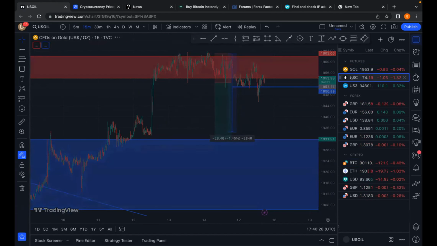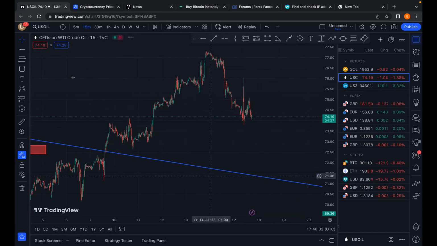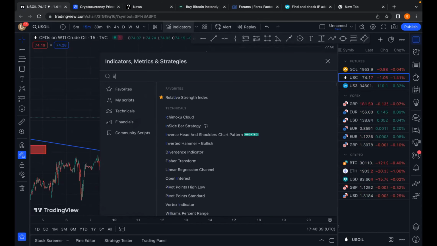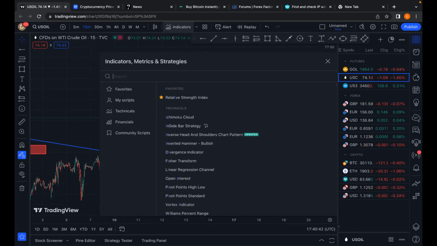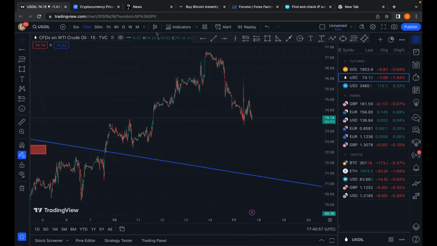Can you hide these things for me? Bring the indicator, please. It's RSI, Relative Strength Index. Click on it, just click on the main thing once.